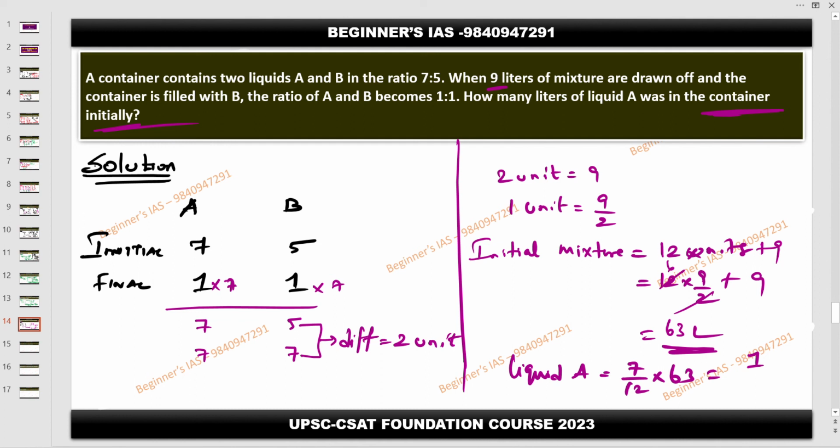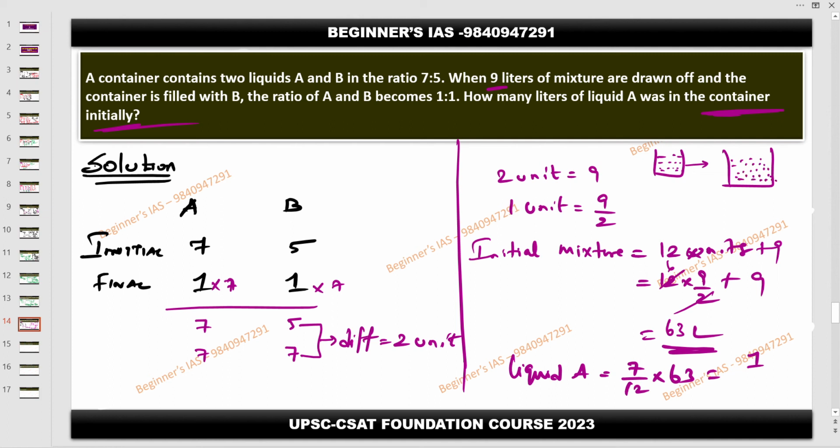So now listen. Let's assume this is the container. In this container, we have liquids A and B in some ratio. If you take out 9 liters, this second container is the 9 liters taken out, and you add 9 liters of B here.